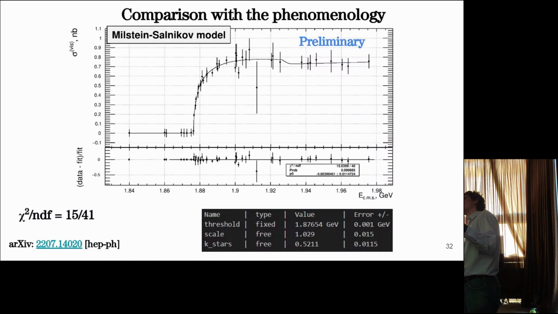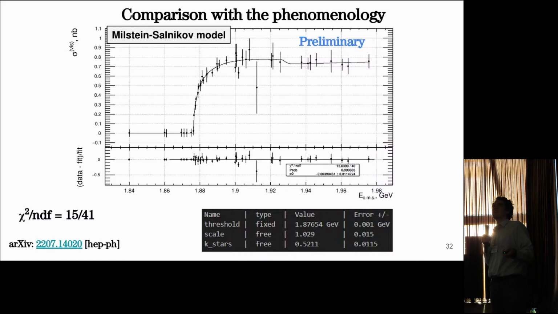But anyway, it's a phenomenological curve from this article that describes the threshold energy dependence of the cross-section. As you can see, it has almost the same energy dependence. But there are some problems with the results of this paper, because there is some tension, and we are working with the authors. But I can't explain it in detail right now.